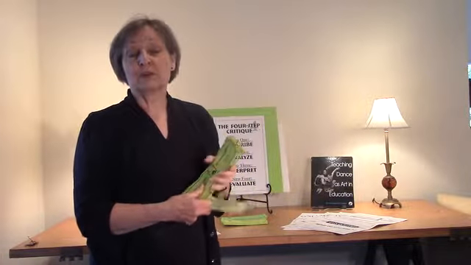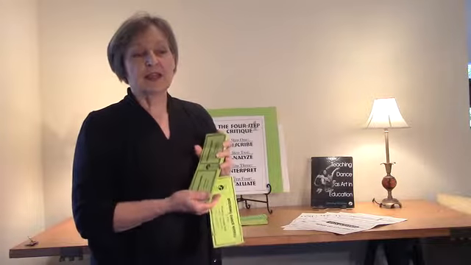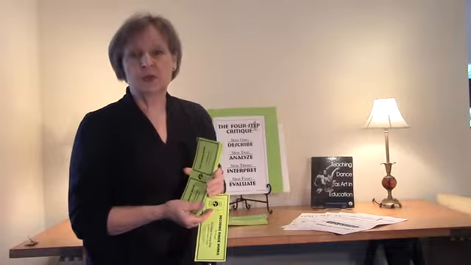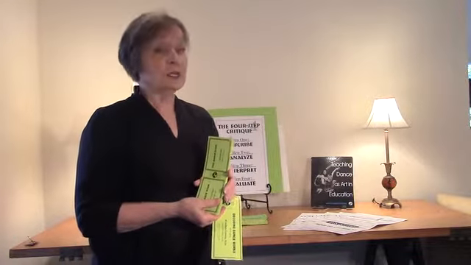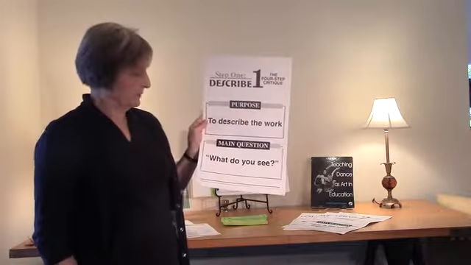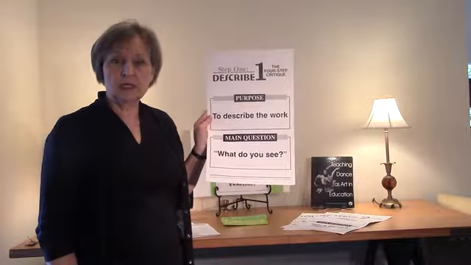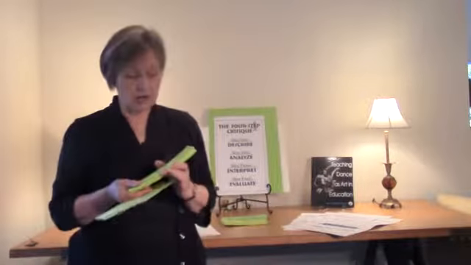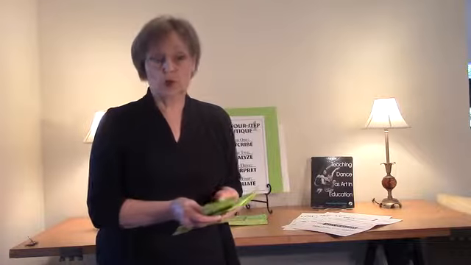Eventually, you want to be able to give each student, as they advance, their own card. So you say, now I want you to, for example, describe the work and tell what you see. What do you see? I also am going to give you a card to see who has a card that describes the work.